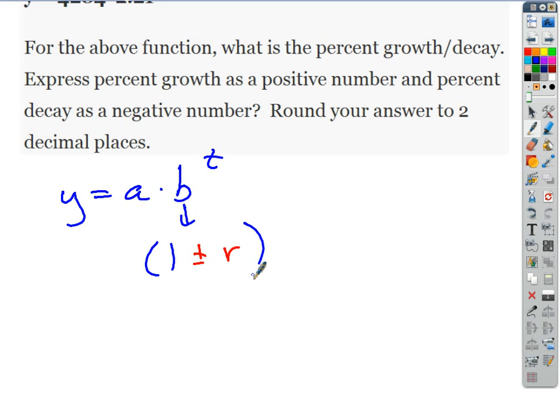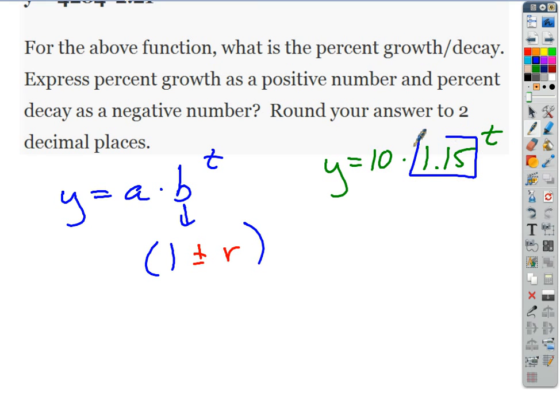So what I mean by that is, let's take an example. What if we have the function y equals 10 times 1.15 to the t? Okay, now there's my growth factor, 1.15.